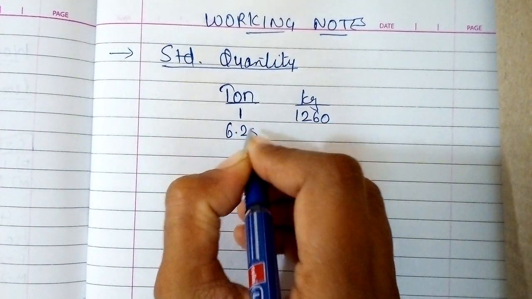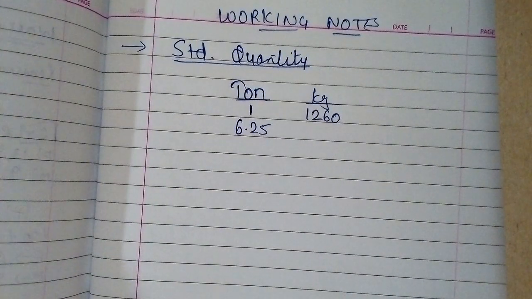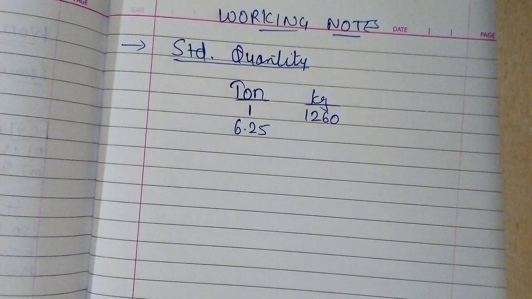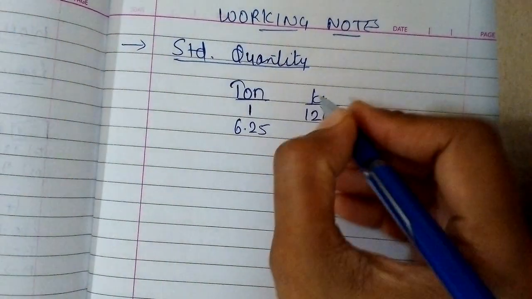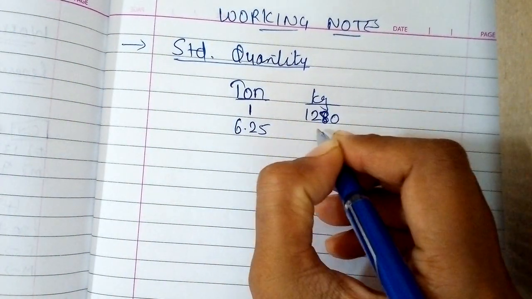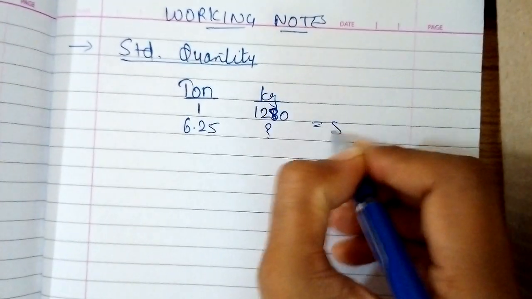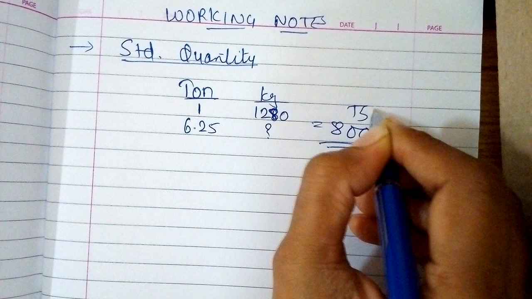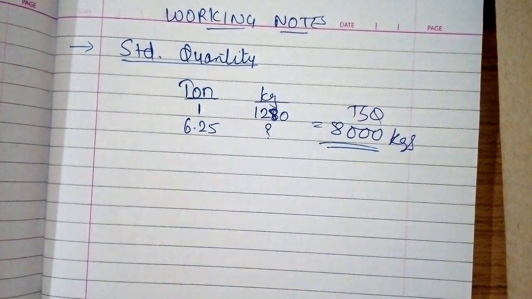So for 6.25 tons, into 1280, the standard quantity required is 8,000 kilograms. See, here the standard loss is not there, right? So directly we can go with this.